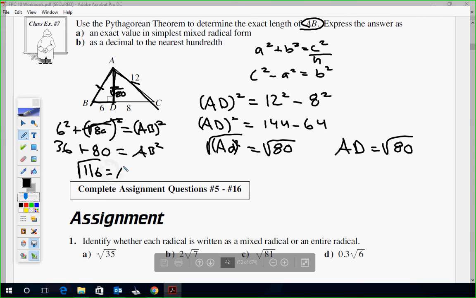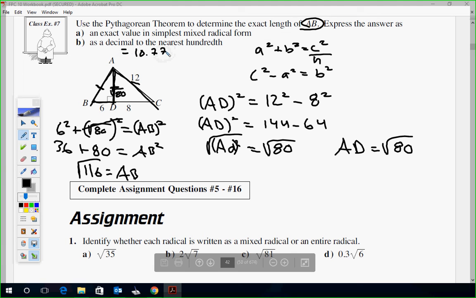So square root 116 is AB. It wants the simplest radical form and the decimal. To get the decimal, we can do it right now. We can just square root 116 in our calculator. So part B would be 10.77.